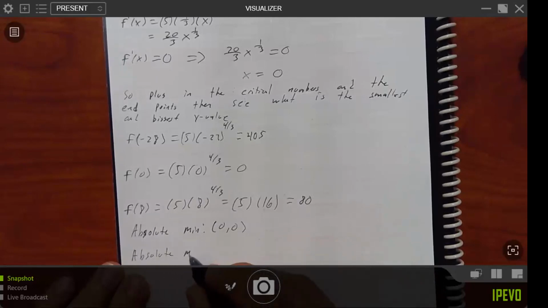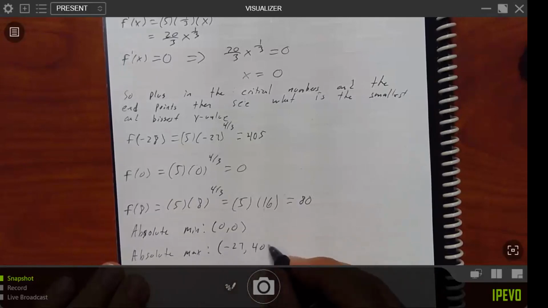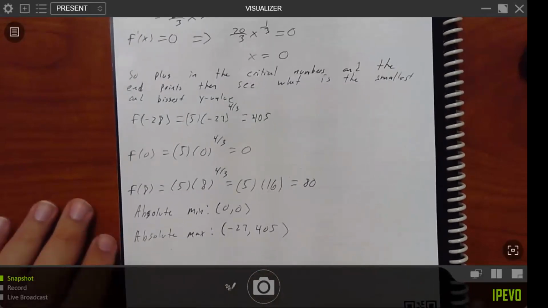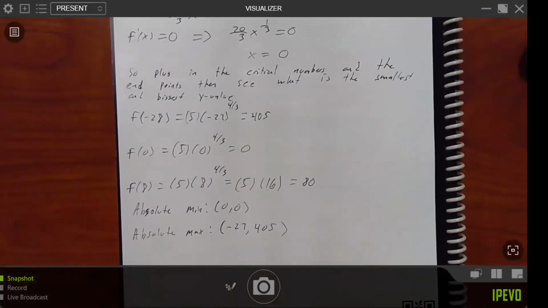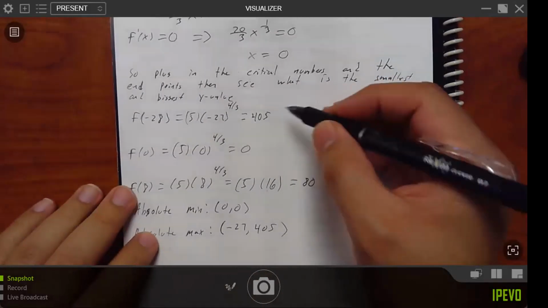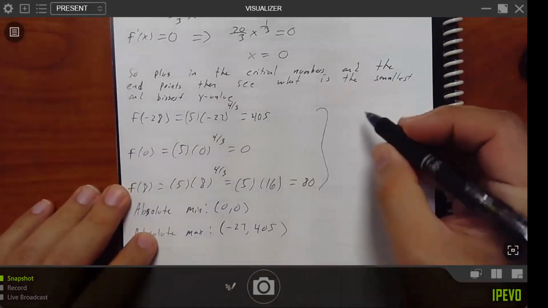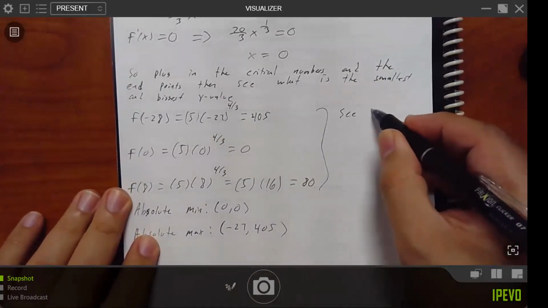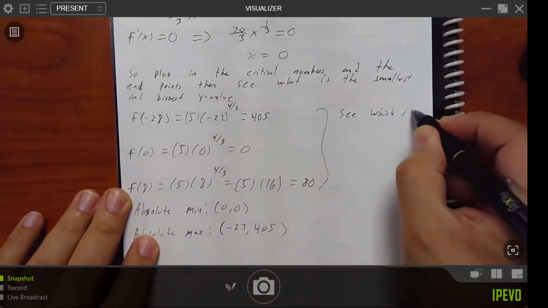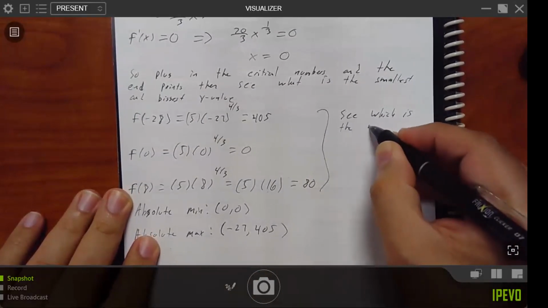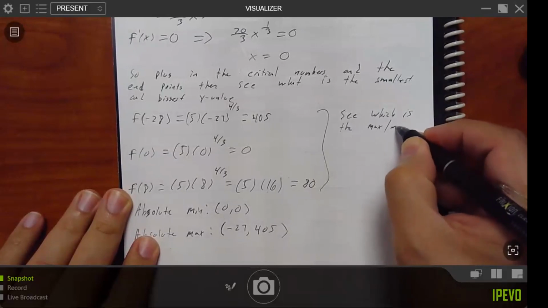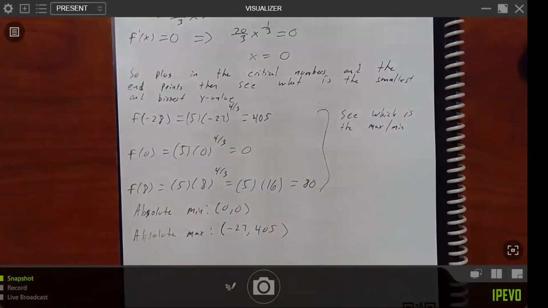The absolute maximum is going to be negative 27, 405. So you just test these three here. That makes sense for this first one.